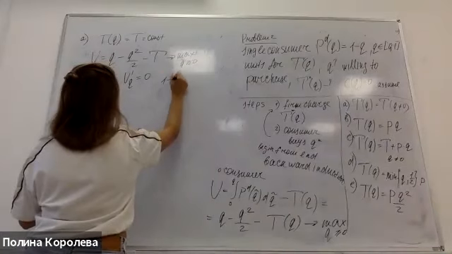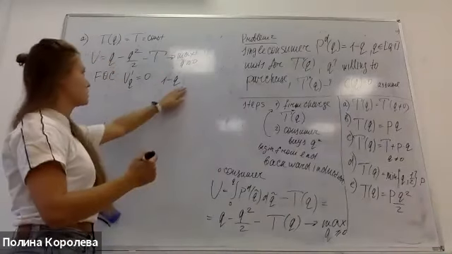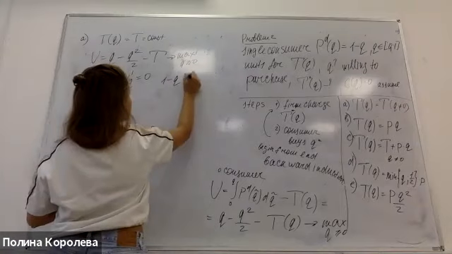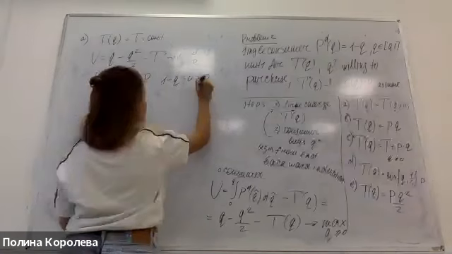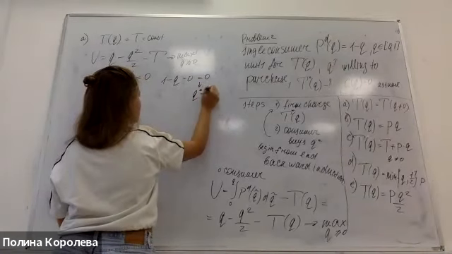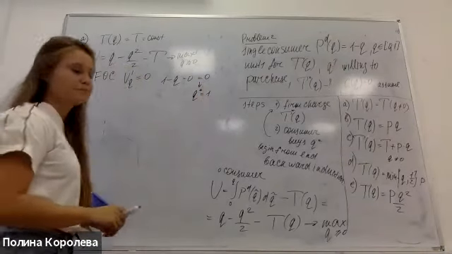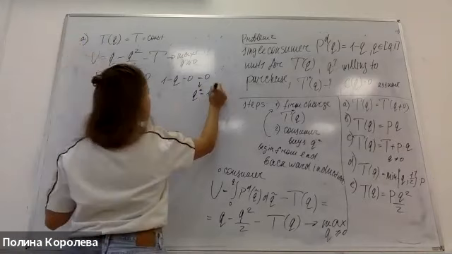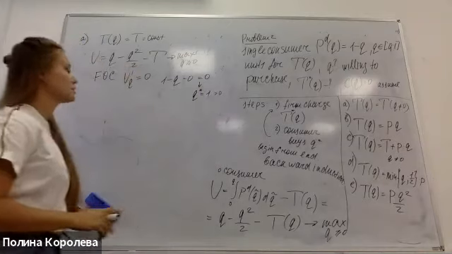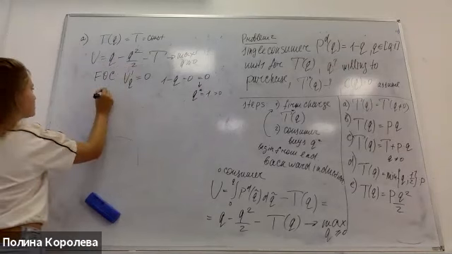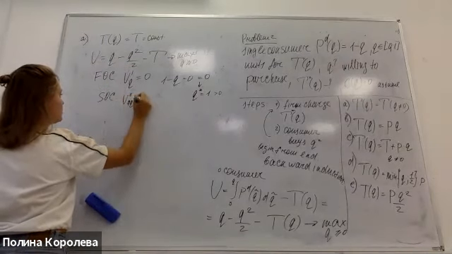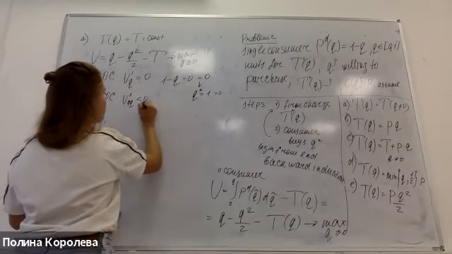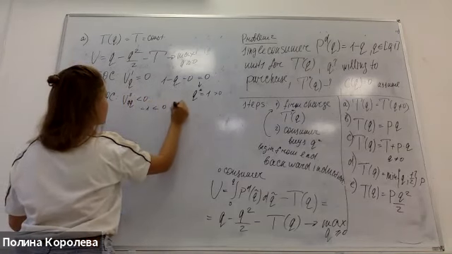This will be 1 minus Q, this is our demand, minus 0, as this is constant for us, should be equal to 0. From here, quantity is equal to 1, sure, maximum quantity. It is greater than 0, so it is an interior solution. Second order condition: the second derivative should be less than 0. Check, minus 1, less than 0, okay.